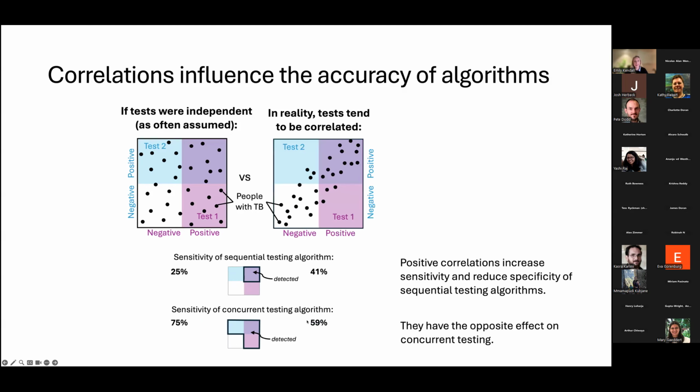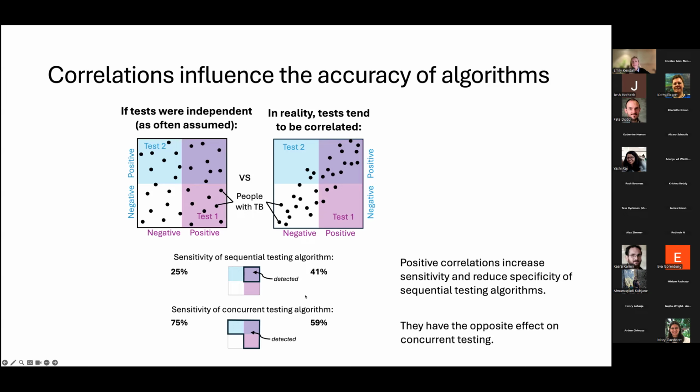But in reality, disease isn't randomly distributed, and even for whatever two different dimensions of the disease spectrum that we define, most TB tends to lie along the diagonal. There tends to be correlation between these different manifestations of disease that result in most of the disease being in the upper right or lower left quadrant. And that changes the performance of these algorithms.